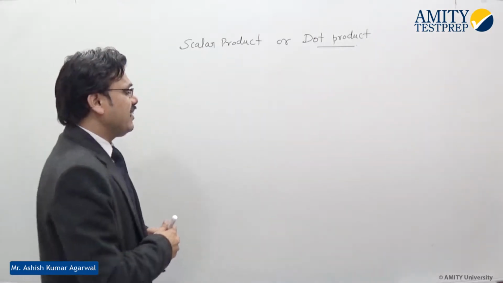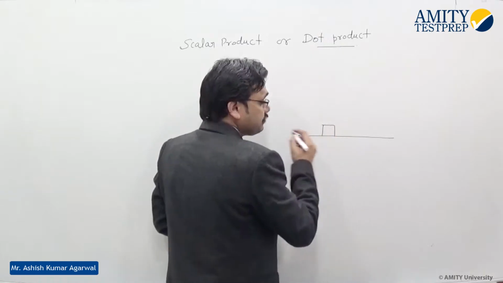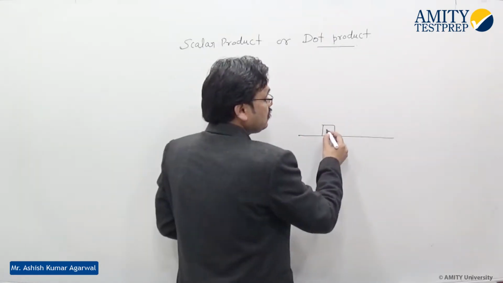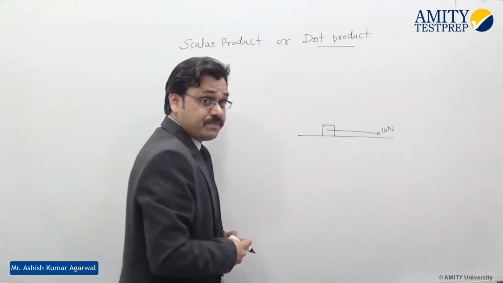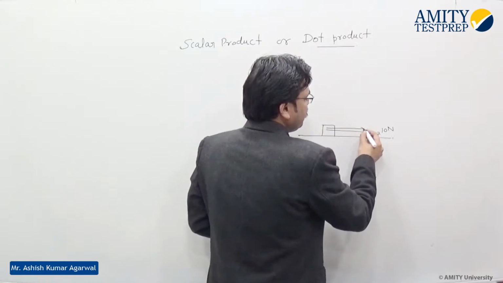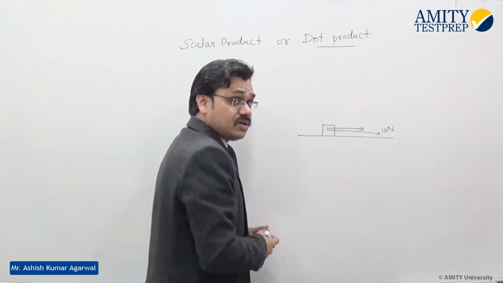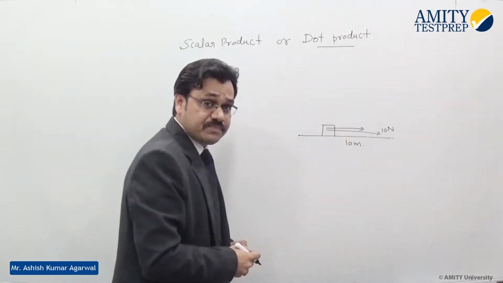I'm just taking an example where a body is placed on a rough surface and a force of 10 Newton is applied horizontally. This force causes a displacement of 10 meter along the same direction.